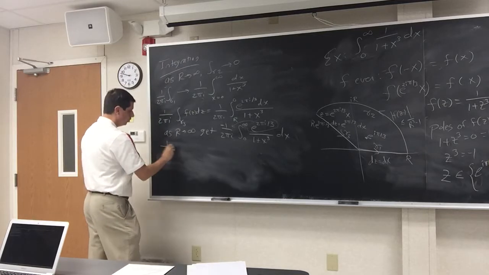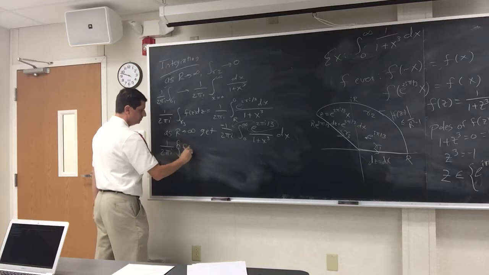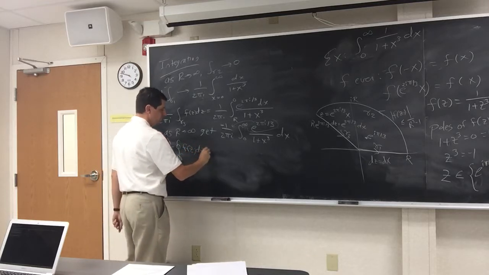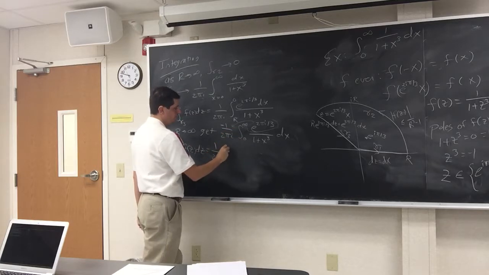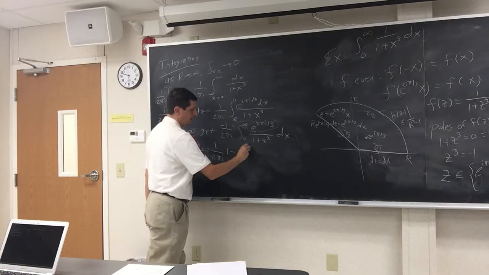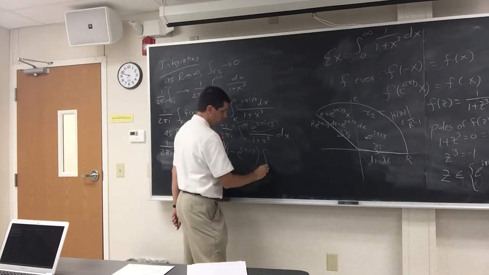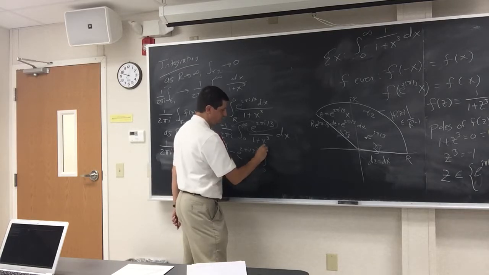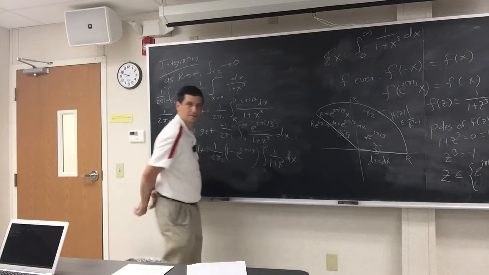So what we get is 1 over 2 pi i integral over gamma f of z dz is just 1 over 2 pi i, and then we'll have 1 minus e to the 2 pi i over 3 times our integral 0 to infinity of 1 over 1 plus x cubed dx.